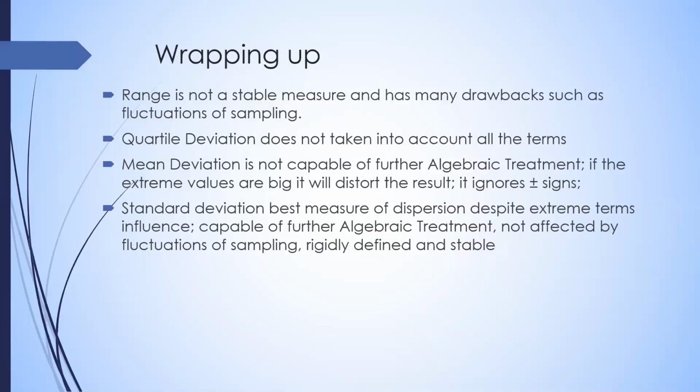Whereas the standard deviation is considered the best measure of dispersion despite the extreme term influences, because it is capable of further algebraic treatment, and it is not affected by the fluctuations of sampling. It is rigidly defined as well as stable. So among the four, depending on our requirement, we may choose any of those.